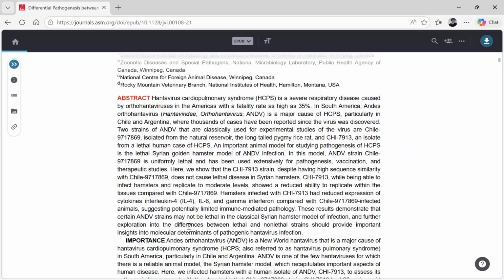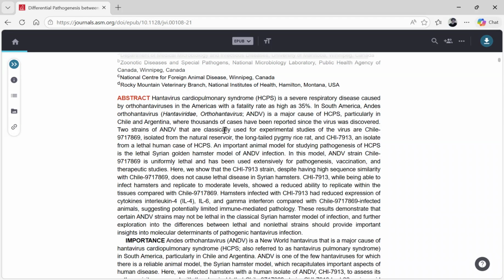Now, as they dive into the differences, they're going to, through serial passage, recombinant engineering, and CRISPR, develop gain of function. That's a key point here.